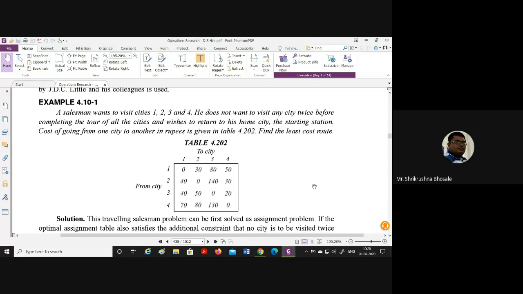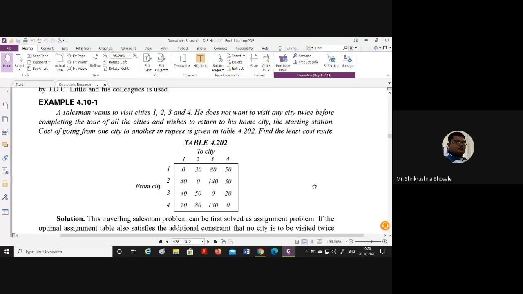Okay, so this table is in front of us, and we have to find the least cost route for the salesman. Here, whatever the column and row numbers are, 1, 2, 3, 4 and 1, 2, 3, 4, these are the same, and you can find the diagonal values are zeros. Why are the diagonal values zeros?